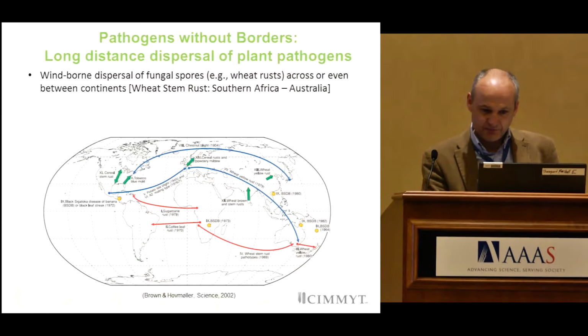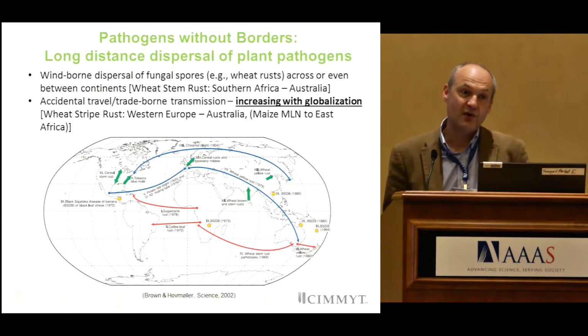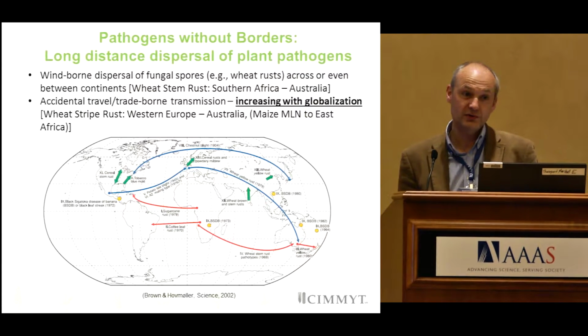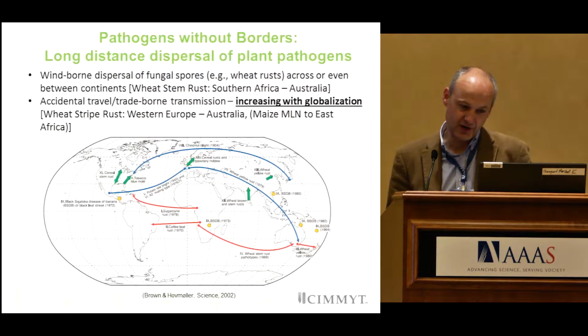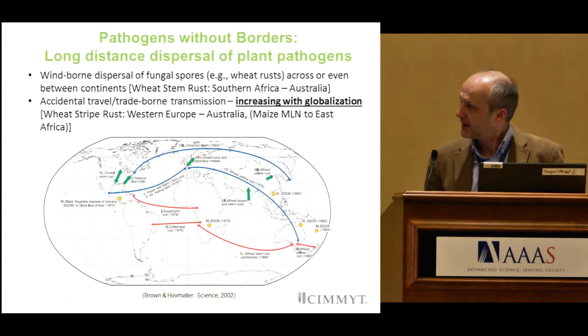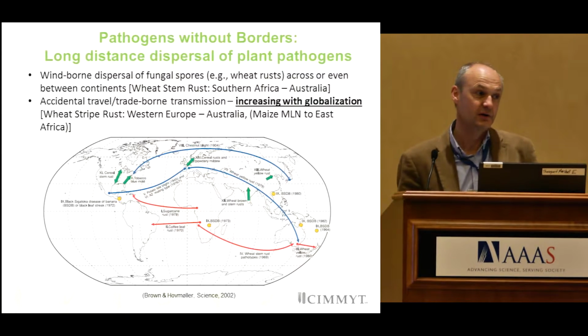The other mechanism is human-borne: accidental travel or trade movements. The blue arrows on the figure illustrate this. The one I would highlight goes from France all the way down to Australia.